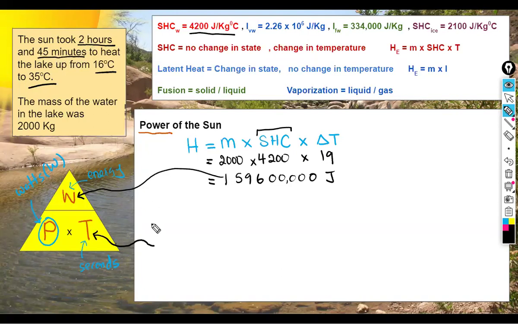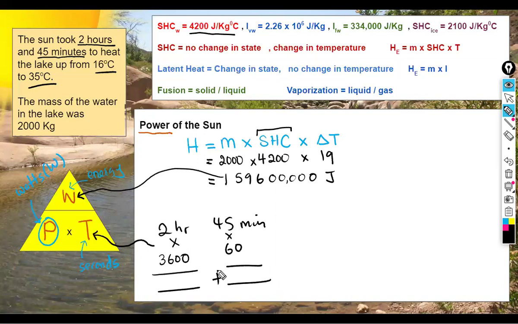So you have to convert 2 hours and 45 minutes to seconds. In every hour there are 3,600 seconds, and in a minute there are 60 seconds.